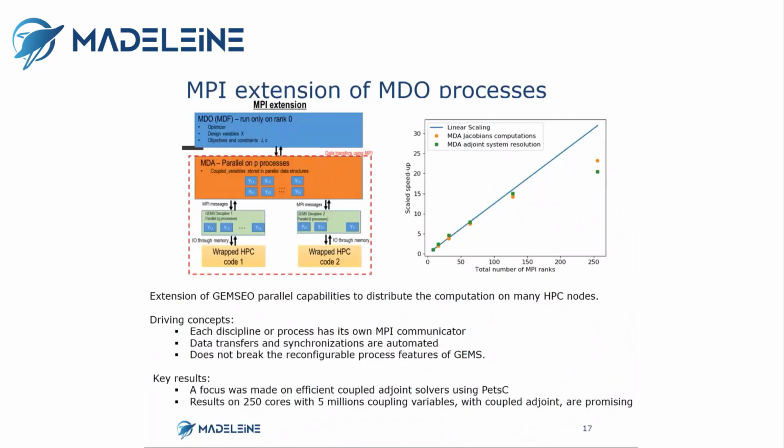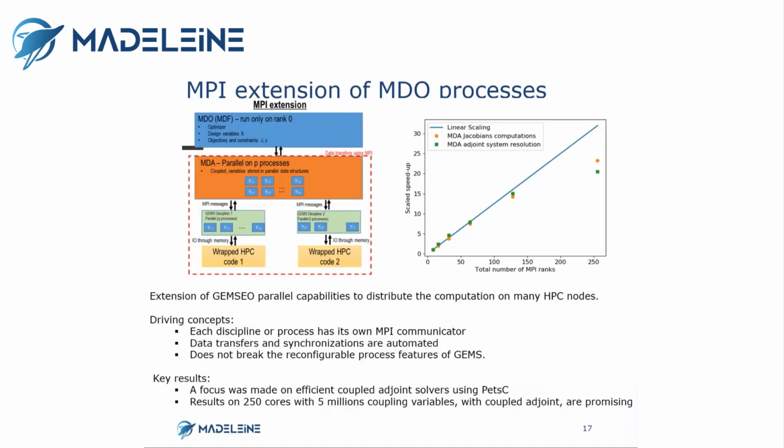So finally, we worked on the MPI extension of GEMSEO. Before the MADELEINE project, we could do a parallel calculation by launching CFD calculations on HPC, for instance, and launch several of these calculations with different disciplines, but we could not exchange data in memory between those processes.